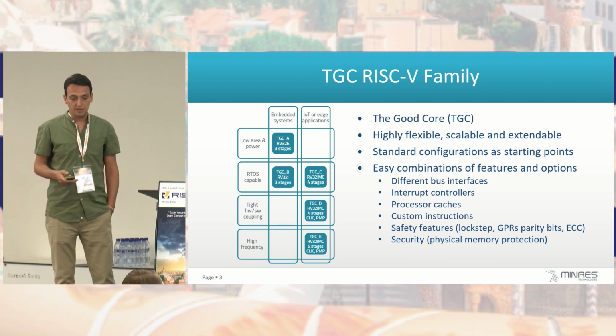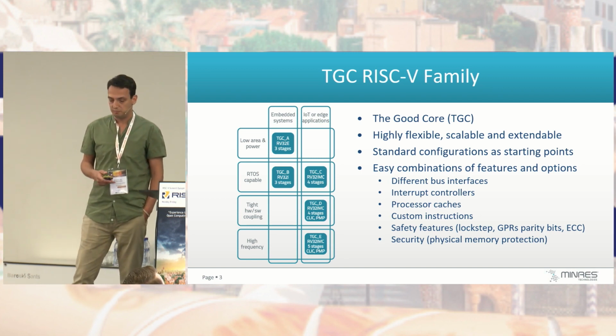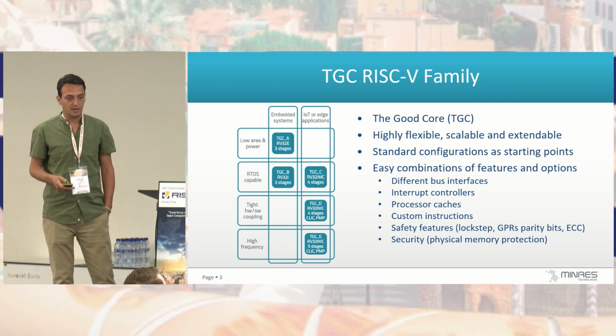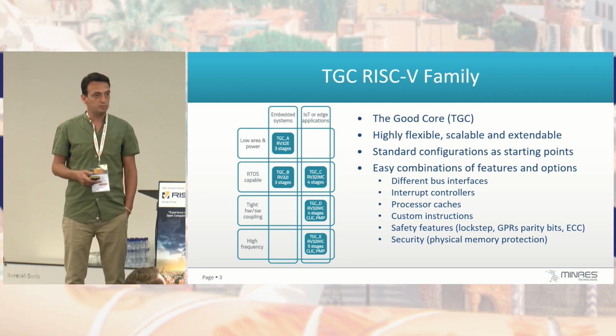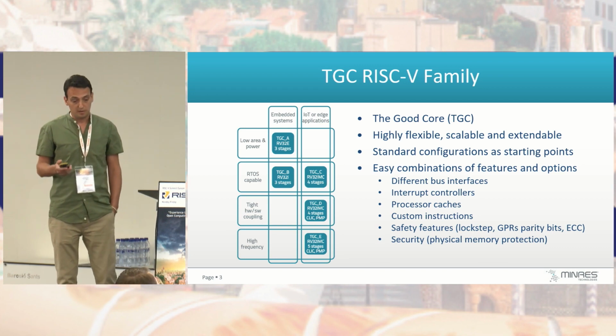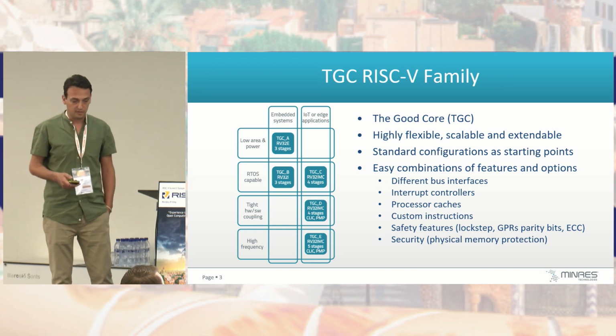So the TGC family allows a combination of different features and options, like different bus interfaces, interrupt controllers, processor caches, of course custom instructions, and also safety and security features.